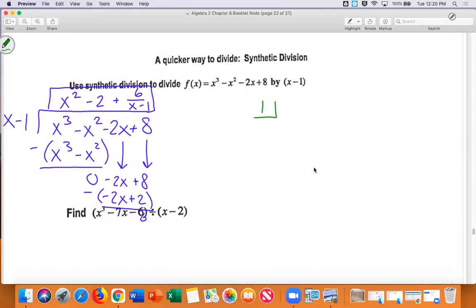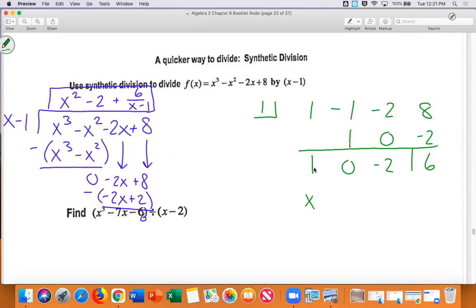That's changing it from k to negative k. And then we have 1, -1, -2, and 8. The 1 drops down, 1 times 1 is 1. Add the -2, that's 0. 1 times 0 is 0. That's -2. 1 times -2 is -2. Add, that's 6. X squared minus 2 plus 6 over x minus 1.